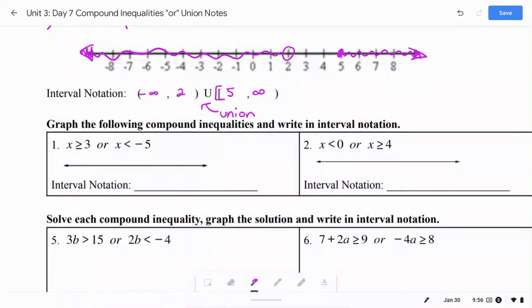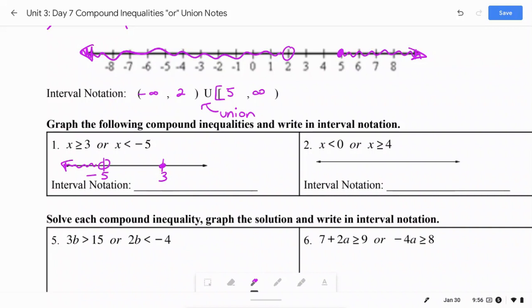So let's practice graphing and writing the interval notation with these first two examples. On a number line, just make sure you think logically about which number would come first. We always go smallest to largest. So for this example, negative 5 would have to come first and then positive 3. Negative 5 would have an open circle shaded to the left because it's less than negative 5.